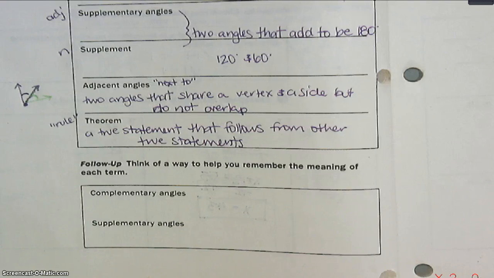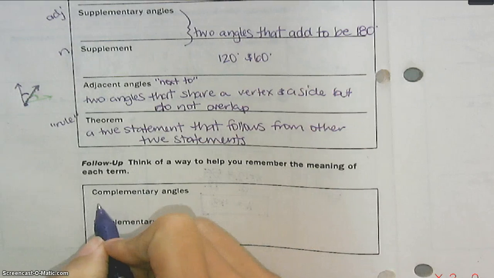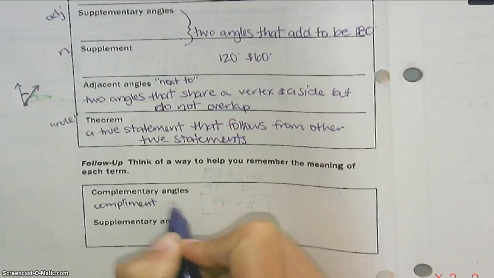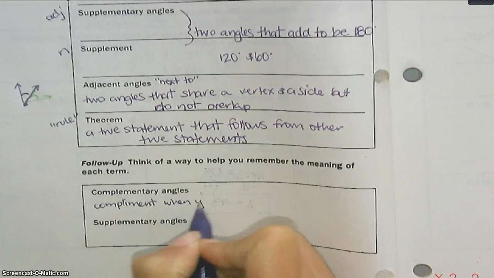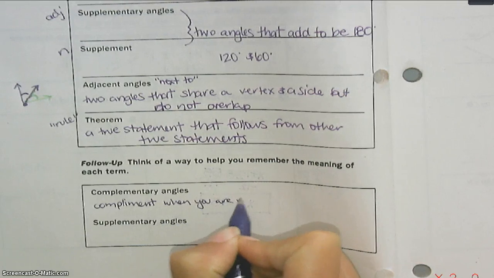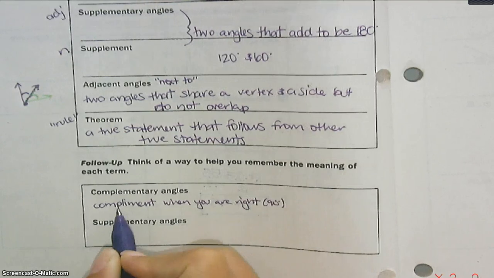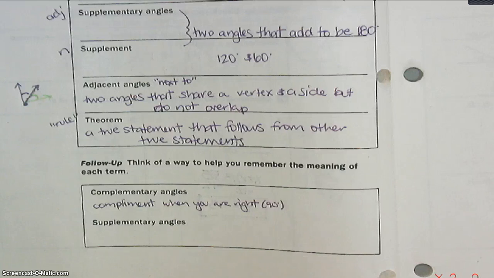So remembering the difference between complementary and supplementary. I always think you get a complement when you are right. And that's 90 degrees. Notice it's spelled a little bit different, but it sounds the same.